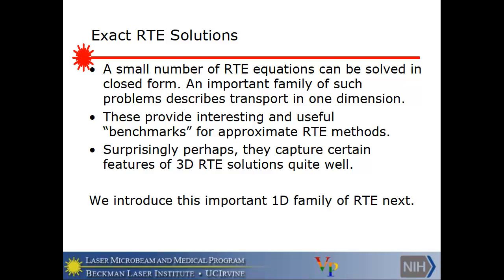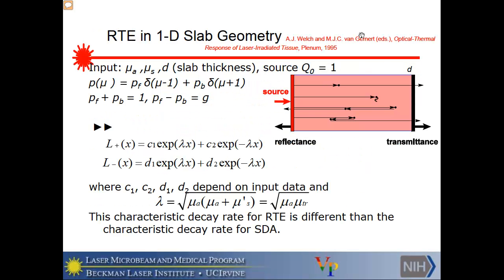And so this family of RTE problems, which is unique in some sense, is described on this slide, and I've omitted all the details here, but to describe the problem, we'll have a slab of thickness D, with a source impinging on the left face, and we are interested in reflectance or transmittance through the slab.